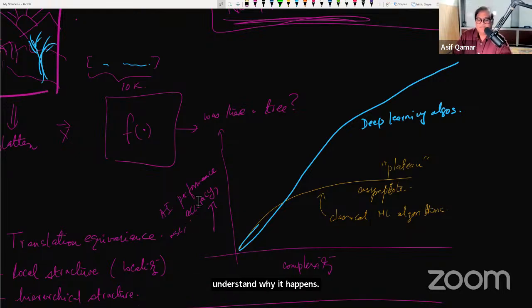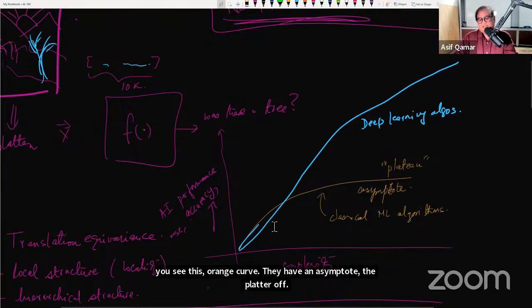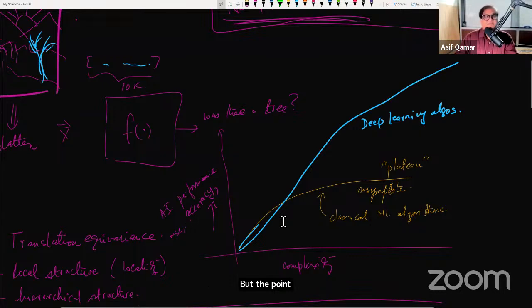But to the extent that we do, what we find is that classical machine learning algorithms, as you make them bigger and bigger, their accuracy, their AI performance, saturates. So you see this orange curve. They have an asymptote; they plateau off. But the point with deep neural networks is that they actually underperform with small data.